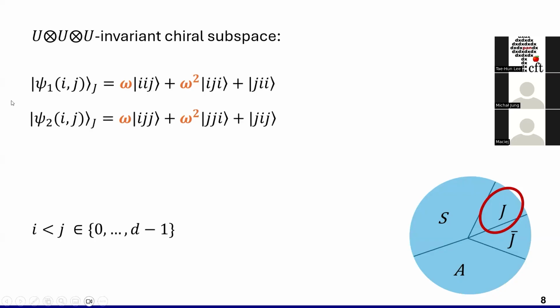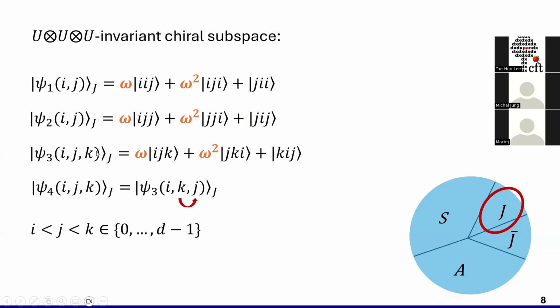So there are 4 types of basis states. The first 2 types only depend on i and j, and have the form omega |iij> plus omega squared |iji> plus |jii>, and the second omega |ijj> plus omega squared |jji> plus |jij>, which is a permutation where we interchange i and j, and we define that i is always smaller than j.